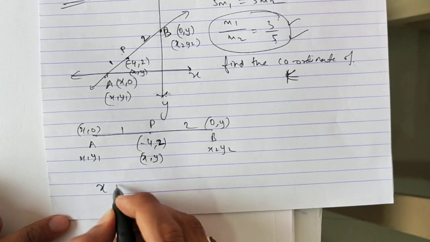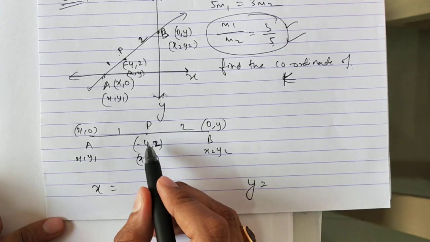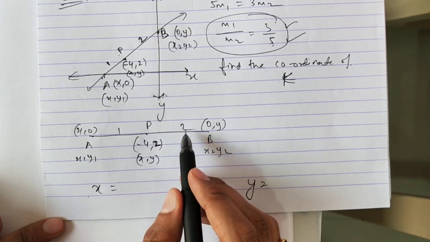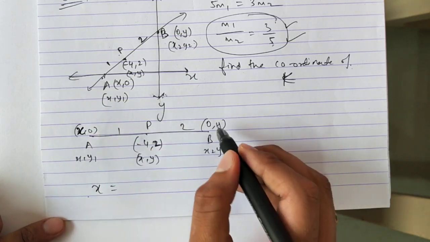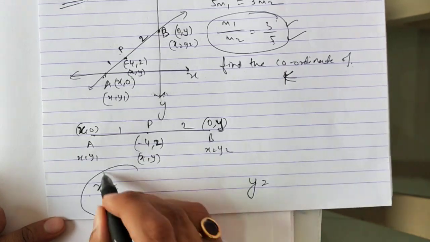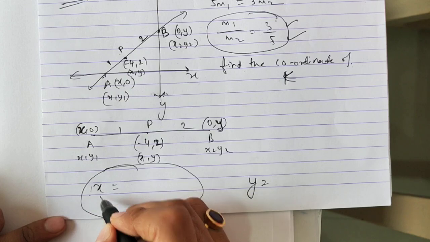You can use the formula of x first, then the formula of y. In the place of x, you put -4. m1, m2 is also known. Once you substitute the values, you will get the value of x and also the value of y.